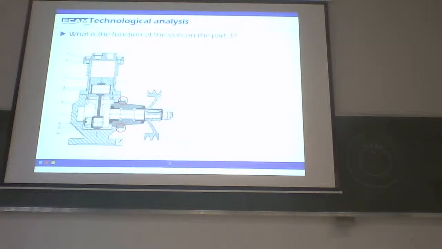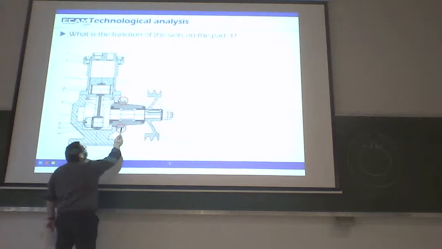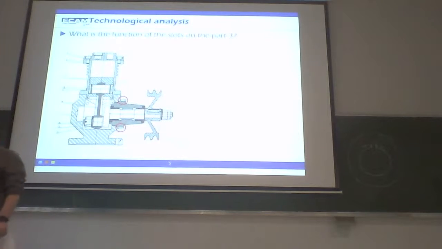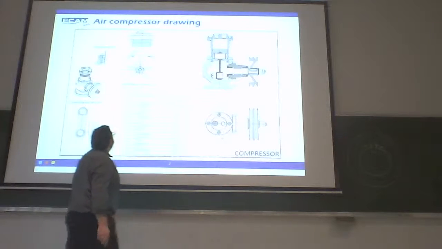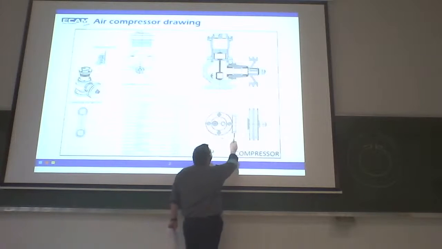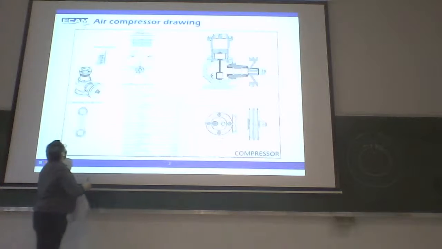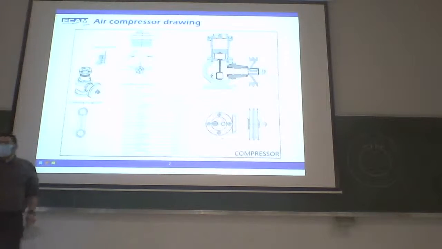More complicated. What is the function of the slot on the part 3? We have 2 slots here on the part 3. What is the function of the slot? Okay, on the technical drawing, you see the slots are here on the top view, or on the 3D view, you can see the slot here.